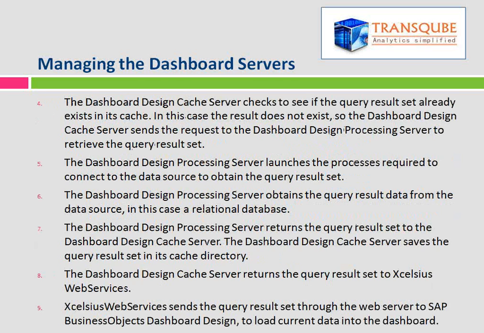If it exists, present the existing copy. If not, it will process this data using the dashboard design processing server. The new copy will be cached into the cache server, and also presented to the end user. Clear?